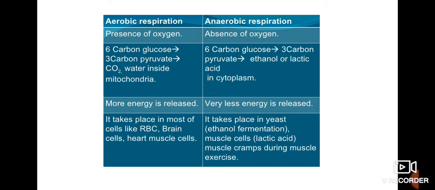Aerobic respiration will produce more energy, anaerobic respiration will produce less energy. Aerobic respiration takes place in most of the cells like RBC, brain cells, heart muscle cells, etc. Whereas anaerobic respiration usually takes place in yeast and some bacteria, and in human muscle cells under some specific conditions.